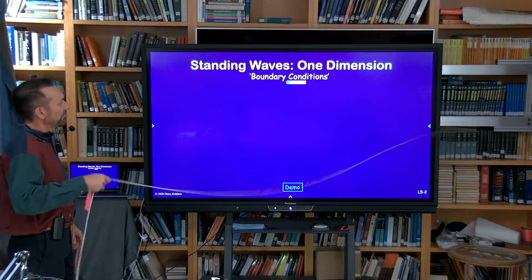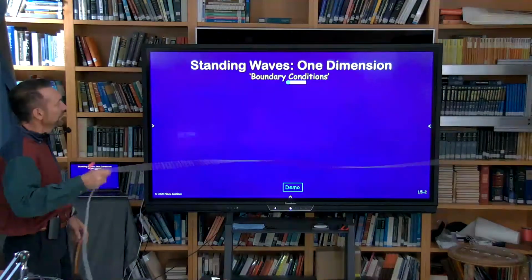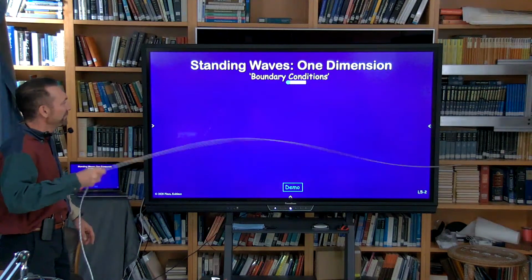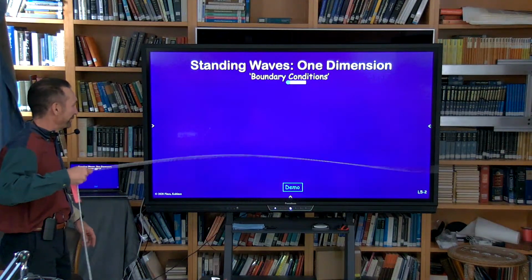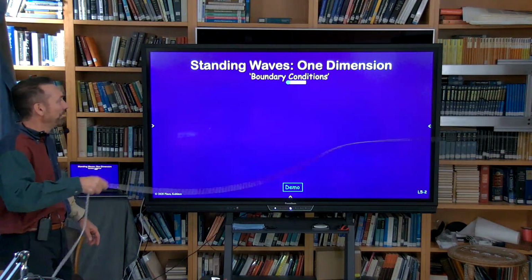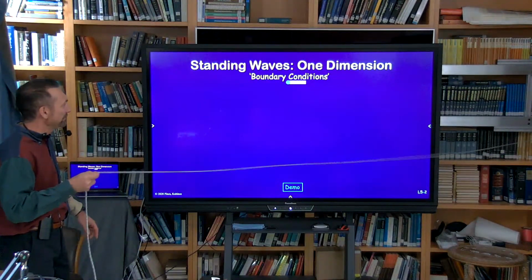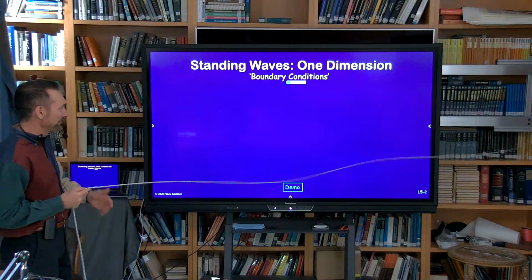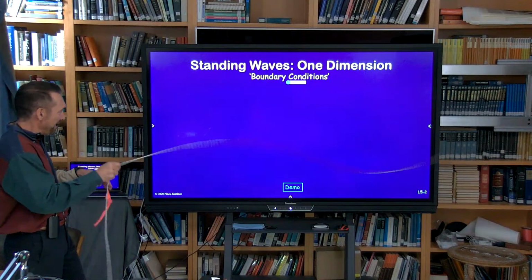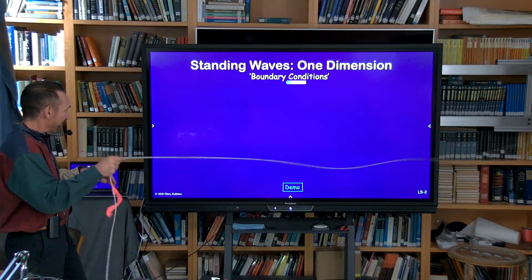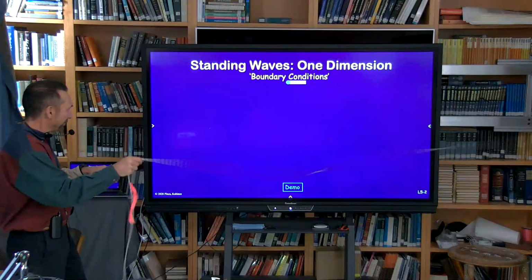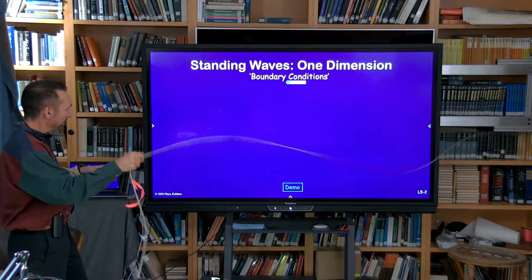Can you see two humps? You can see 2 humps. That's kind of cool. There we go. There's 3 humps. I don't know if you can see that one as well. But you can see there's a traveling wave. I can get it. Look at that. 3 humps standing. That wave's standing.